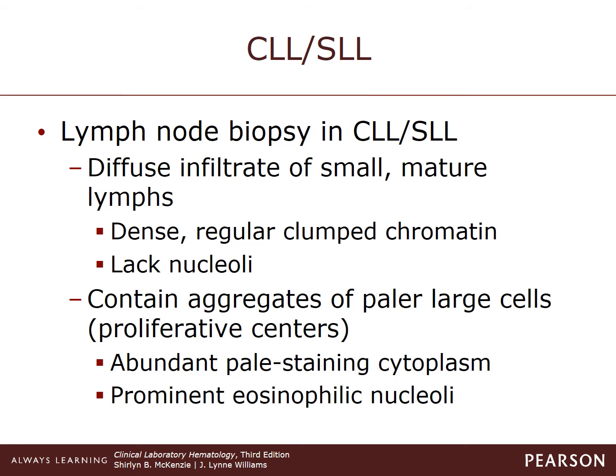Now, a lymph node biopsy can reveal a diffuse infiltrate of small mature lymphocytes, and these lymphocytes have a dense, regularly clumped chromatin and lack nucleoli. At low power, they often present in aggregates of paler cells, which form a proliferation center, and these centers contain larger cells with abundant stained cytoplasm and prominent eosinophilic nucleoli.